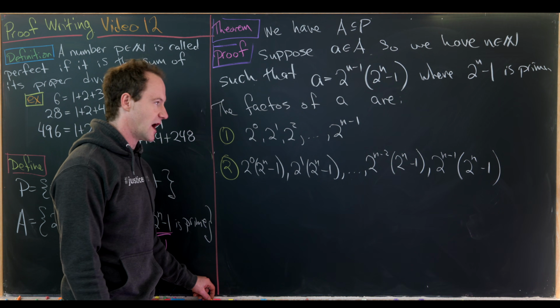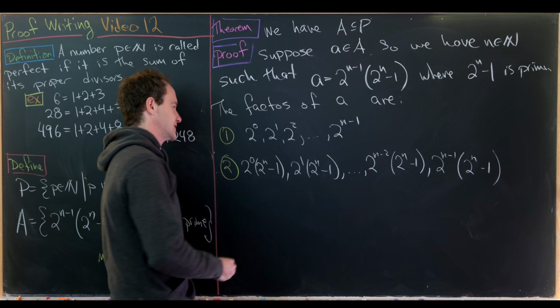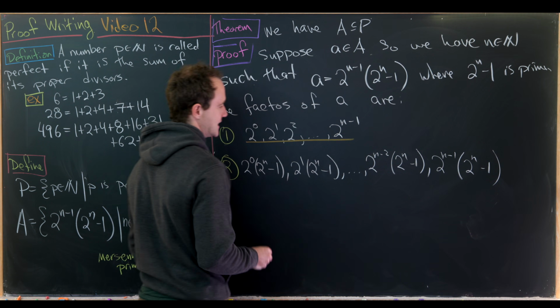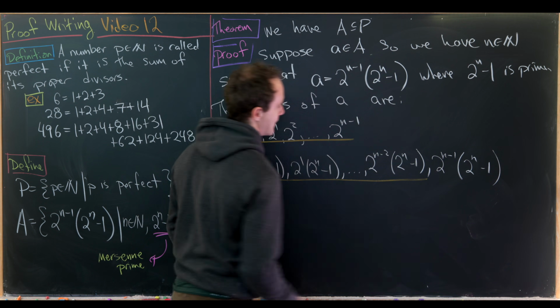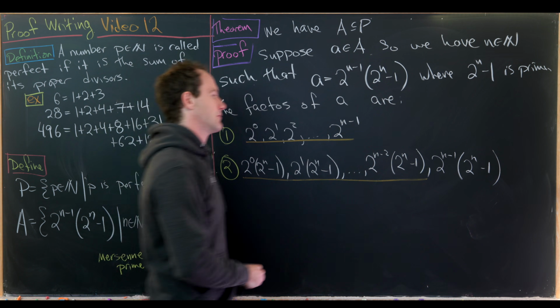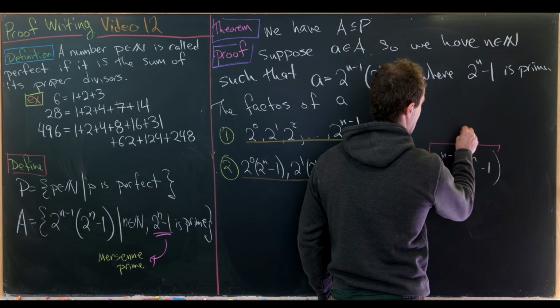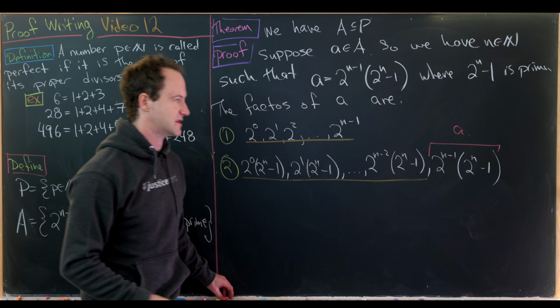But now let's underline all the ones that are proper divisors. So these are all proper divisors, and these are also all proper divisors. This number right here is A itself, so we won't include that in the sum.